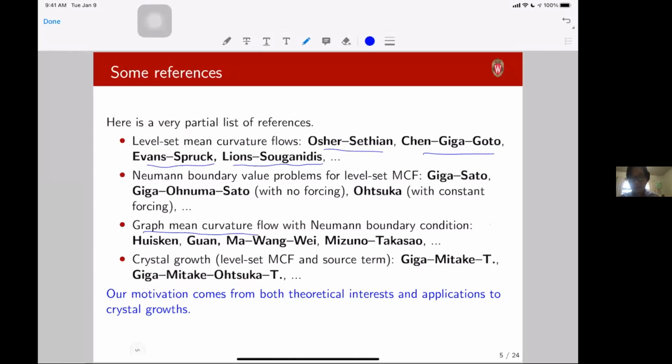So that's level set mean curvature flow, but there's also the source term. We have that motivation coming from the work of Giga, Mitake, and myself, and others. And that's also one of the motivations for us to start studying this kind of problem. But again, today I'm only focusing on this very simple setting.